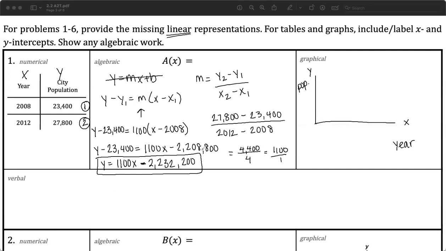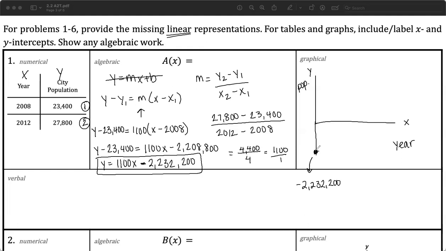I wonder though when, yeah, I guess this is when we would have this at negative. This point here would be negative 2 million.